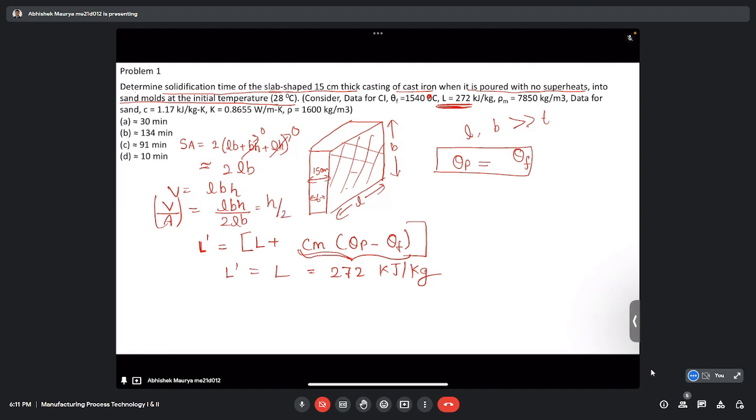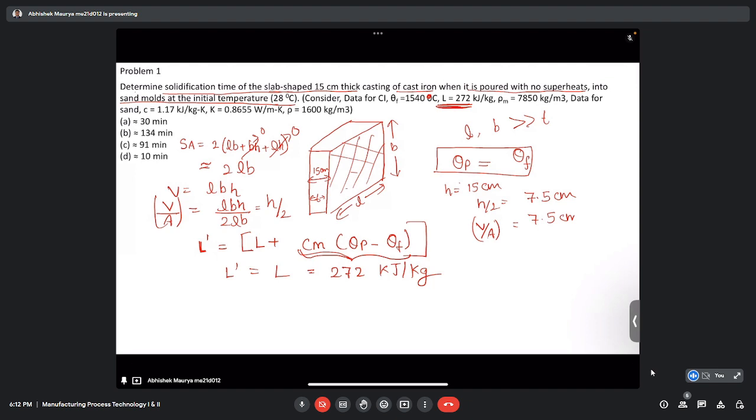The thickness H we have been given is 15 centimeter, so H by 2 will be equal to 7.5 centimeter, or we can say V by A is equal to 7.5 centimeters.